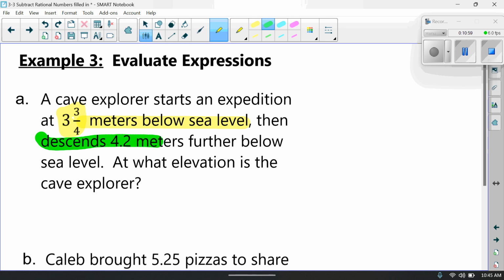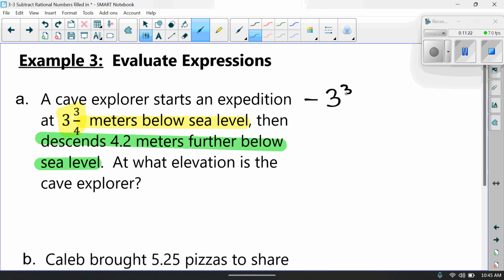What does descend mean? Yeah, so you go down even farther. So if I'm going further down, is that going to be a positive or a negative? Or is that going to be addition or subtraction? Very good. So we're starting with a negative because we're already below sea level, right? So we're starting with a negative 3 3/4.